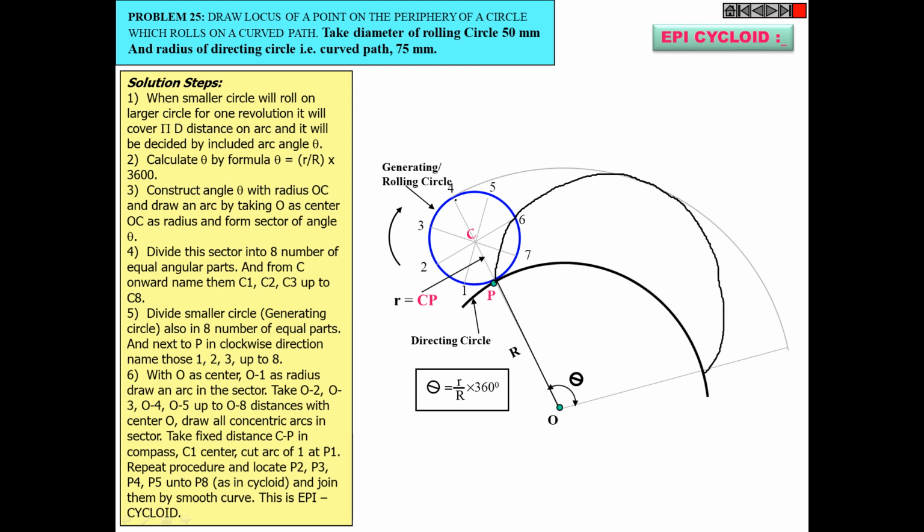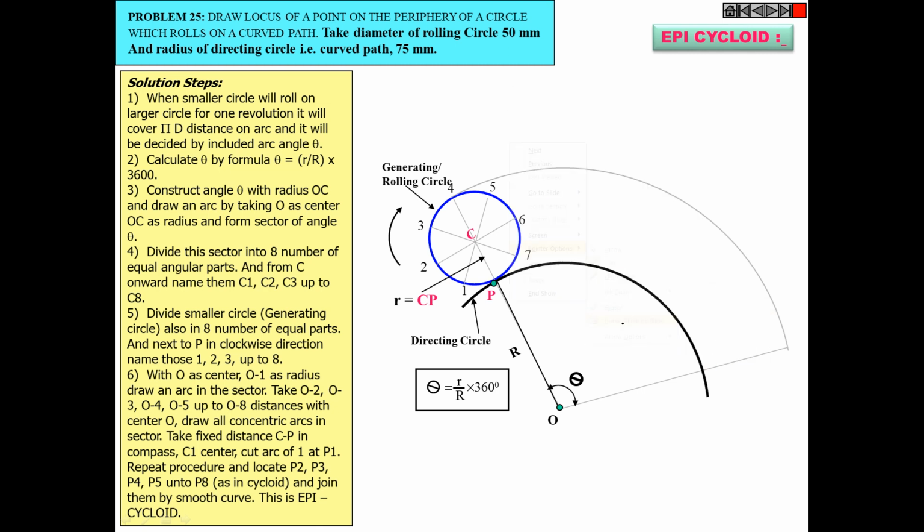Why have I drawn this topmost curved line? This will be the boundary of my epicycloid. That means the epicycloid cannot cross this boundary. So that's why I have drawn this O4 curved line. Okay, any doubt?